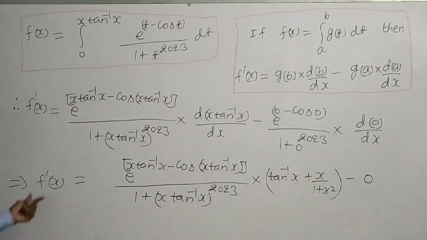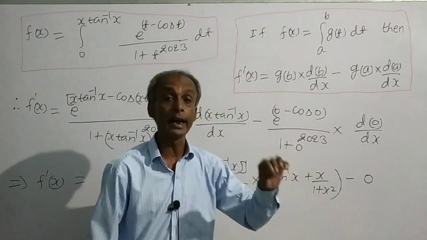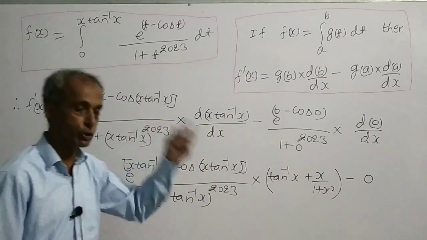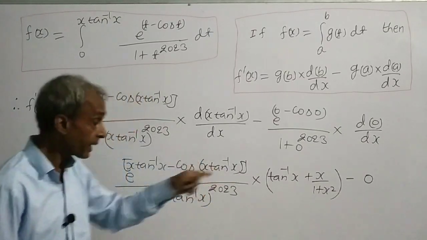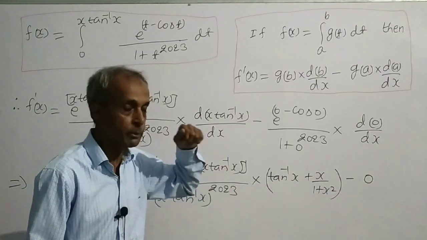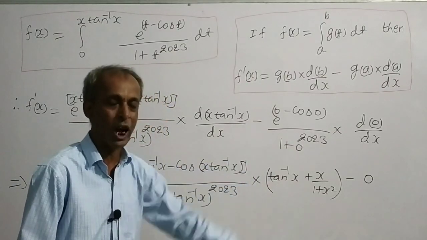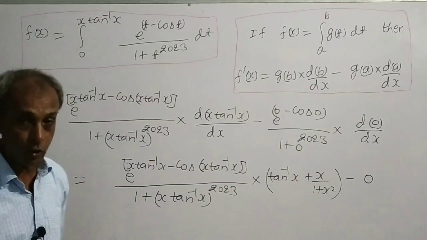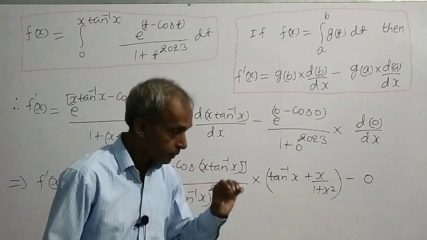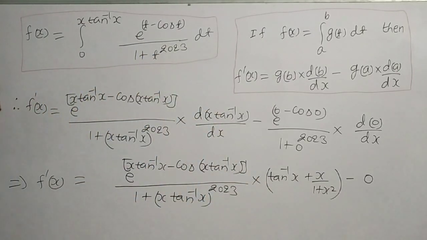We observe that this f dash x is the same as we had written some time ago, and we also observed then that f dash x changes sign from negative to positive when it passes through the point x is equal to 0, and that means fx will have minimum value at x is equal to 0.